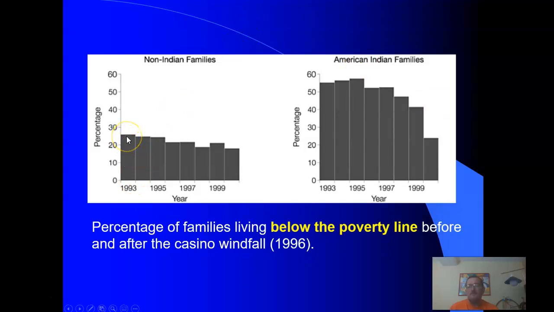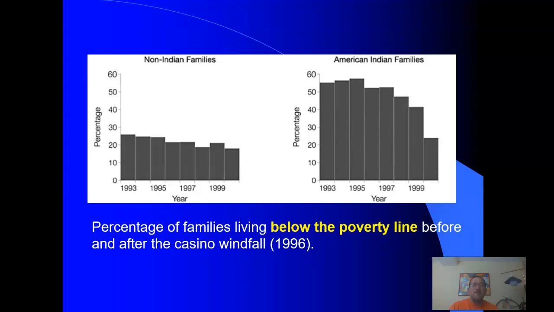It's about 25% there. Here it's about 20% even. So if we average those, something like 22% of the black and white kids averaged together. My guess is the black kids were poorer than the white kids, but maybe not in that neighborhood. But the non-Indian families had a poverty rate of about 22%.